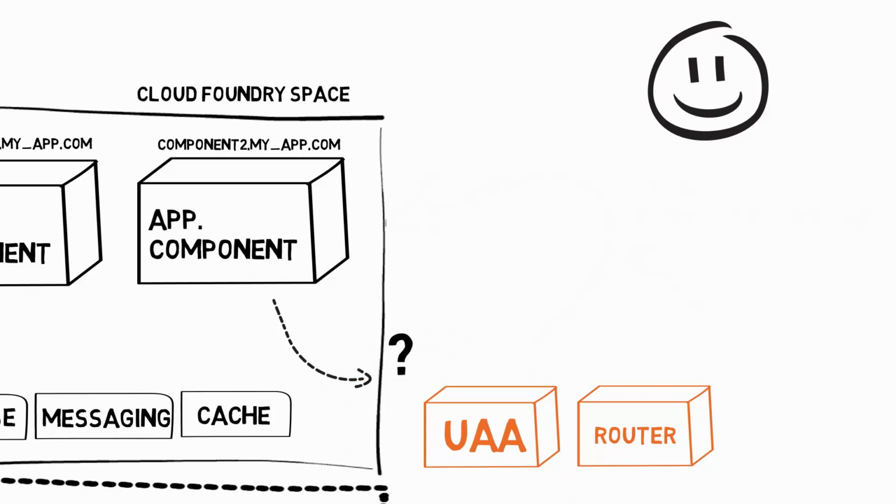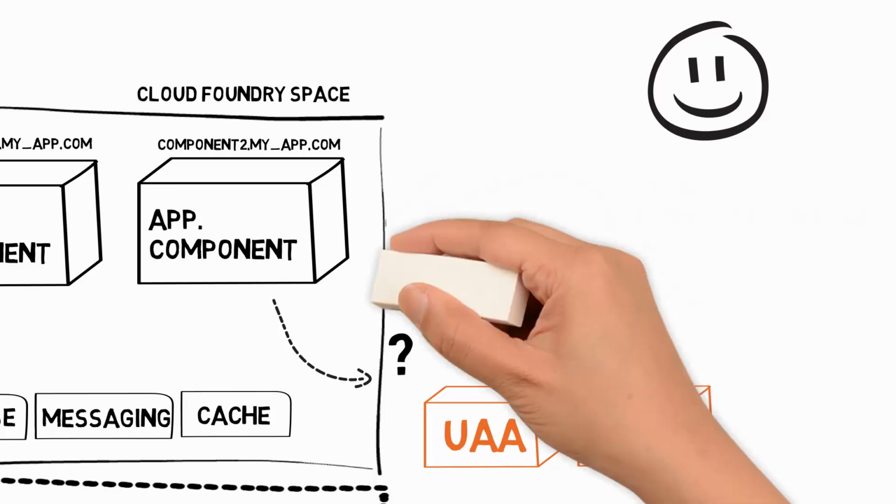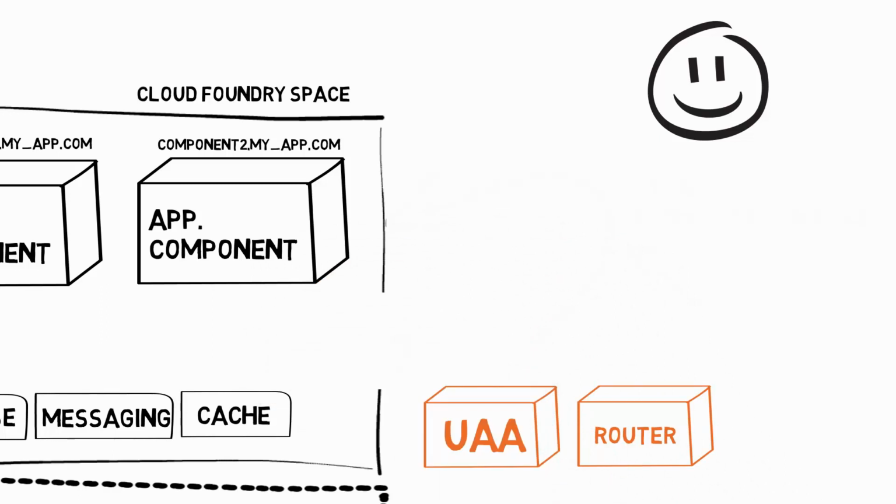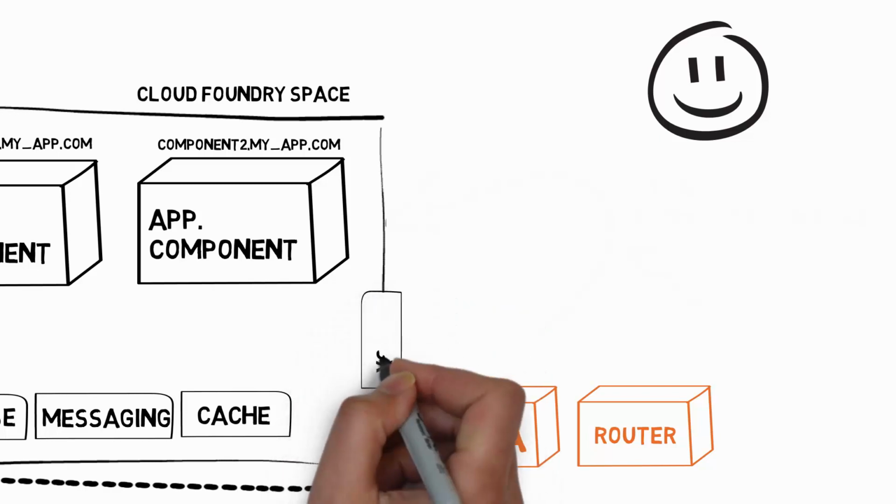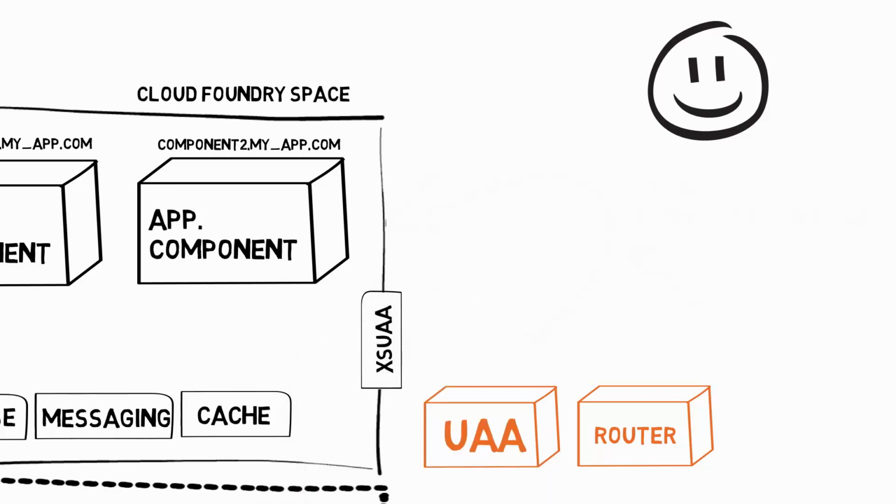Now coming back to our example, the UAA does not accept requests from any random third parties. So for this whole process to work, your app components and the Cloud Foundry UAA must trust each other. To achieve this, you must use a service from the Cloud Foundry marketplace as an intermediary. On the SAP Cloud Platform, this service is called Access UAA.